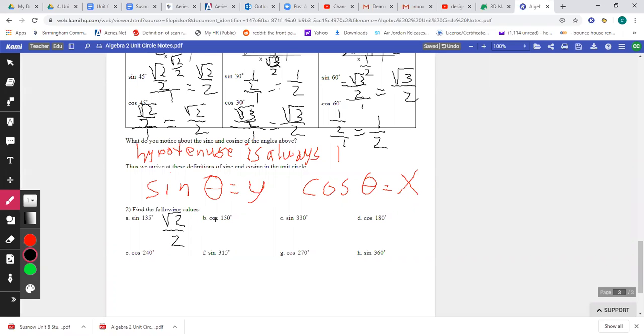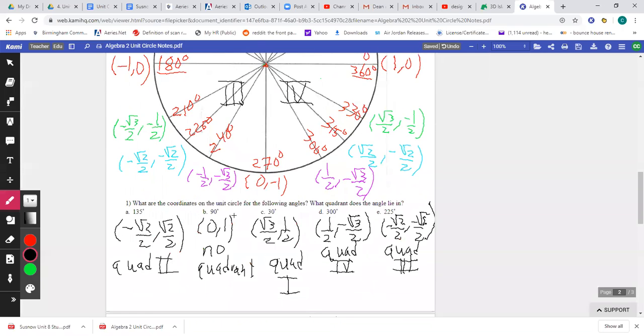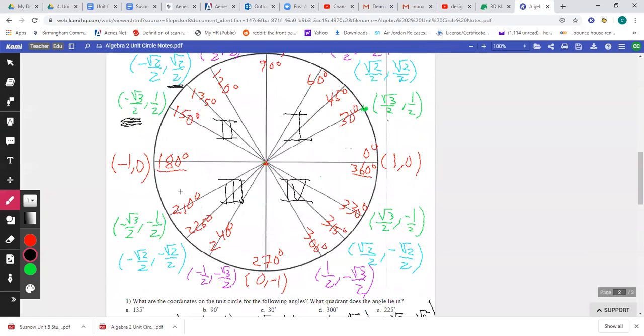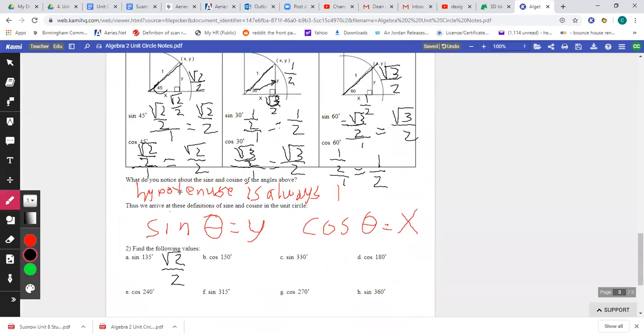Next problem is cosine of 150. Cosine is just x on a unit circle. So I'm going to go back to my unit circle. I'm going to find 150. I see the point here. It's x and y. Since I'm looking for cosine, I just have to put the x value. And that's negative root 3 over 2.